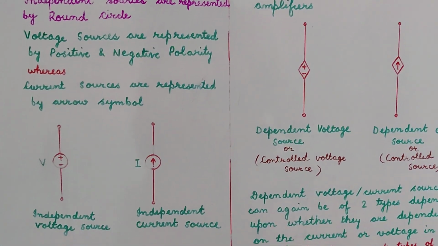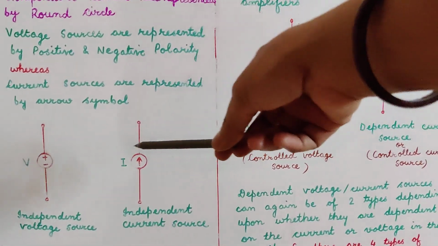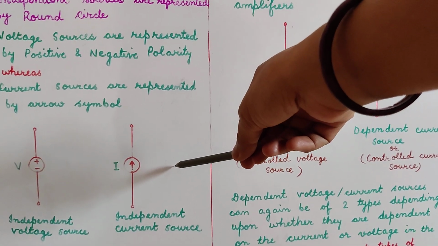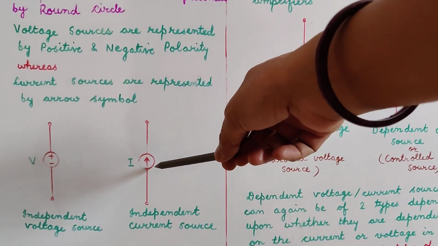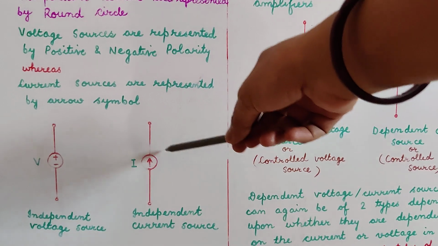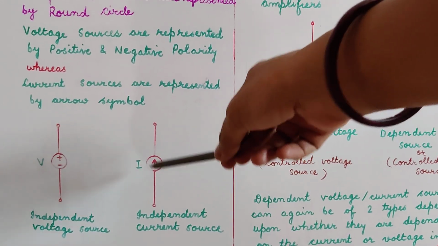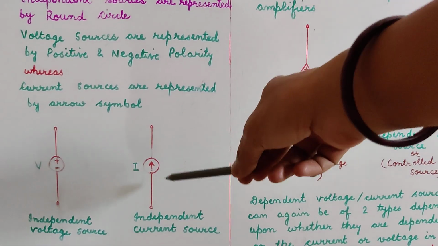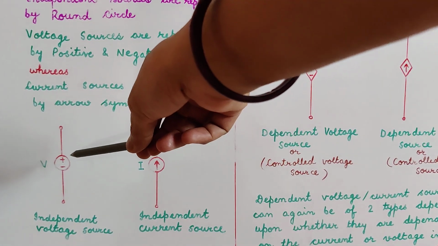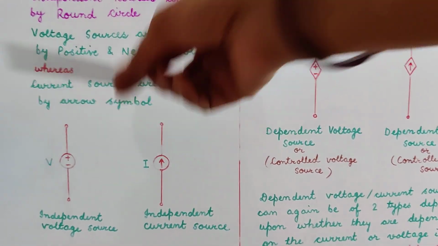So, voltage sources are represented by plus and minus polarity. Similarly, the current sources are represented by arrow symbol and the independent sources are represented by circle. So, this is an independent current source. Similarly, this is an independent voltage source.